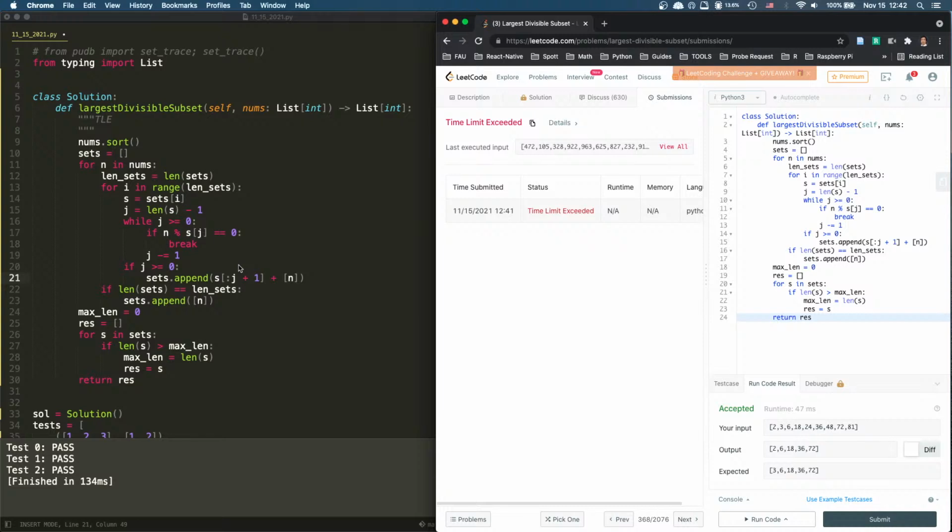Factoring is fast. Okay, let's say we factor every number. Every number comes in, I factor it, so I know all the factors. Let's say 72. 72 is 8 times 9.